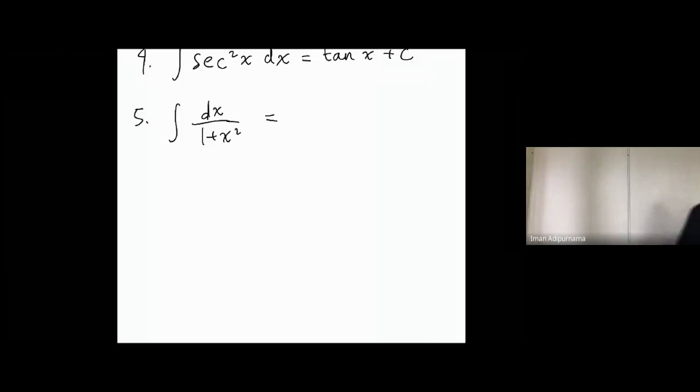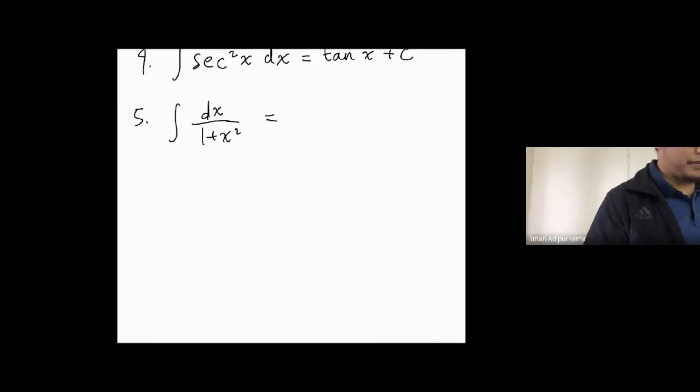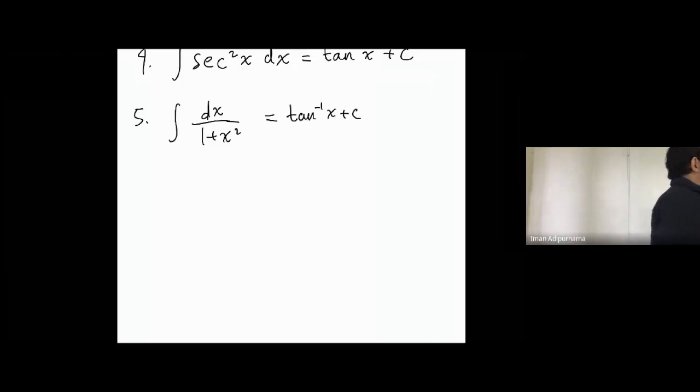It's the inverse, right? The tangent inverse. I hope you still remember this tangent inverse, sine inverse, cos inverse. I mean, not remembering the formula, but remembering how to get the values.